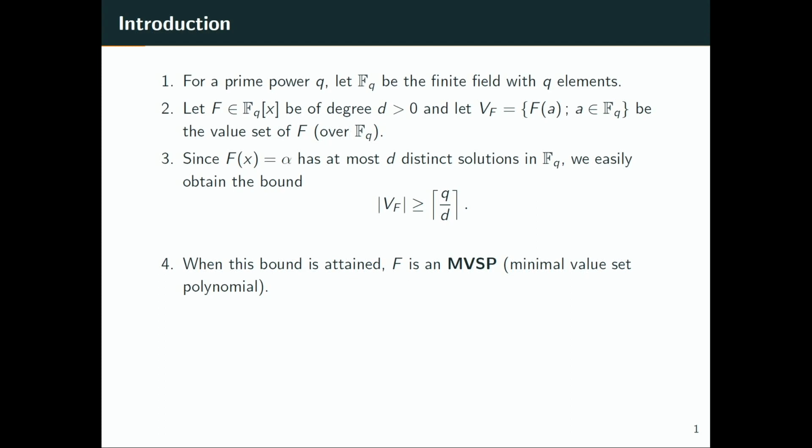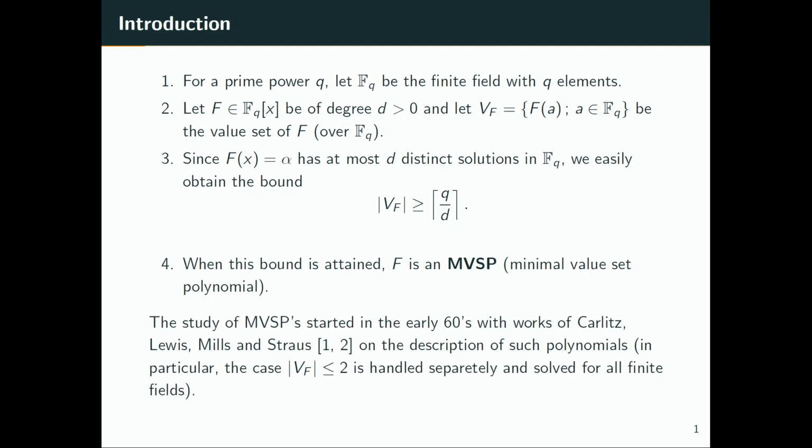When we have this lower bound, we say that f is a minimal value set polynomial, MVSP. And so in this talk, we discuss the natural problem of characterizing the MVSPs over finite fields.